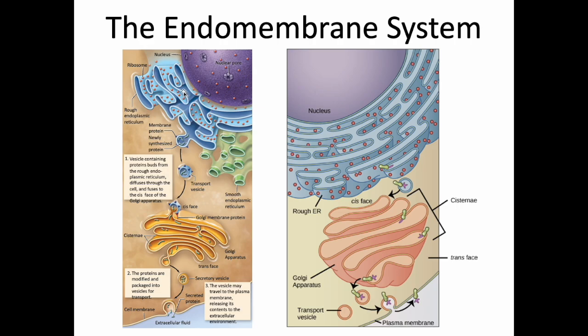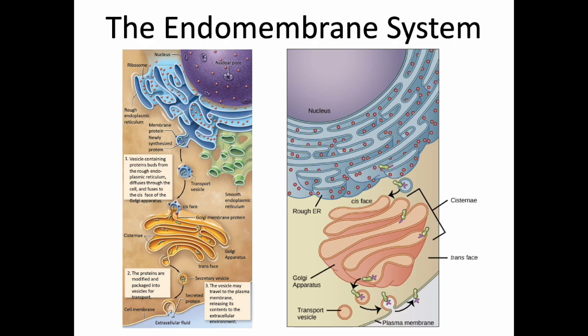These studs are ribosomes. They should look familiar, in their tiny little red dots here. Remember from last recorded lecture, ribosomes are protein factories. They're structures that are responsible for building proteins.